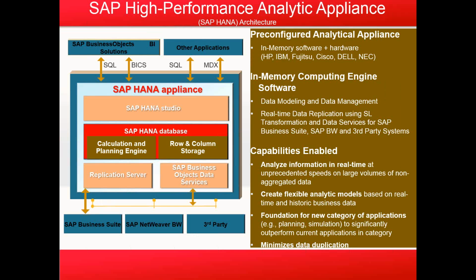This reduces the retrieval time, which is why many companies prefer using HANA for real-time or near real-time analysis across a huge data set, to create applications that are much more flexible and not possible in other databases.